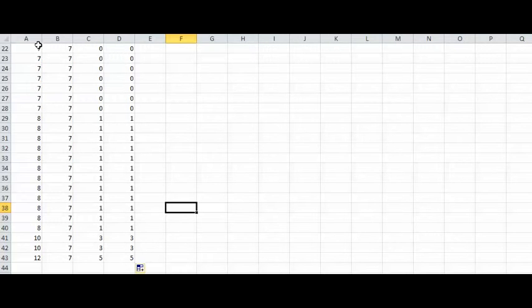These people who are getting 7 hours per night are 0 away from the mean of 7, which is why they all have absolute deviations of 0. This person who's sleeping 10 hours per night is 3 away from the mean of 7, so this person has an absolute deviation of 3. And this person who's sleeping 12 hours per night is 5 away from the mean of 7, so this person has an absolute deviation of 5.